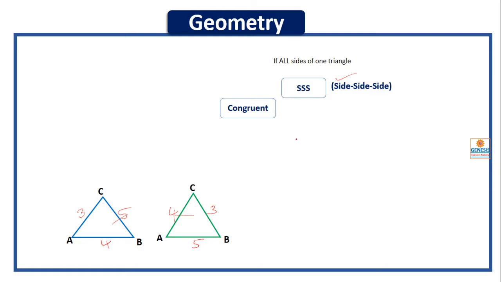The next one is SAS, meaning side, angle, and then side.